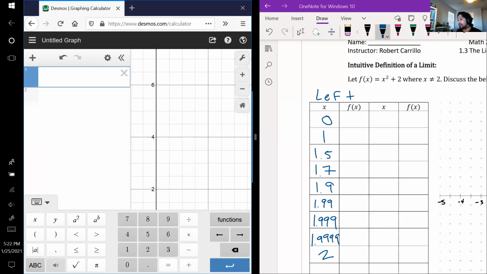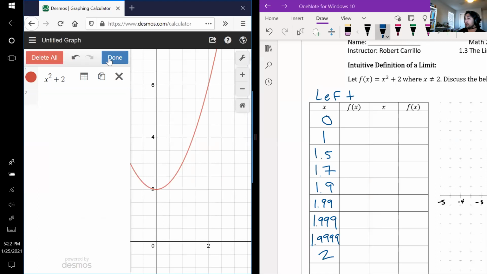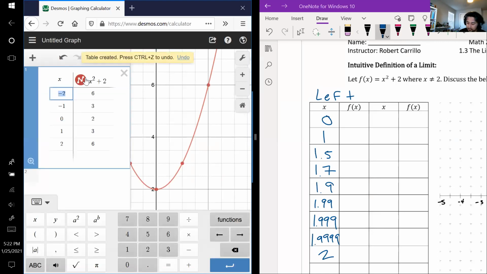So I'm going to use Desmos. This is Desmos on the left, and I'm going to type in the exact function we're analyzing: x squared plus 2. What's great about Desmos is it can make an XY chart for you as well. So I'm going to hit this little gear icon above, and you see that little XY chart it has? Go ahead and click on that. Now I'm just going to fill out the chart to the right.